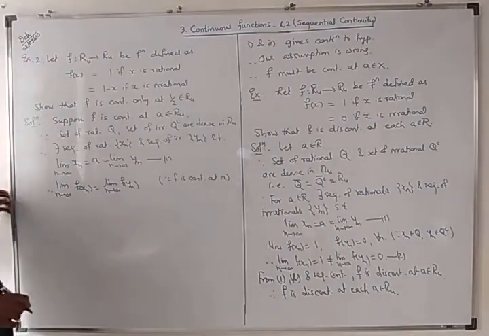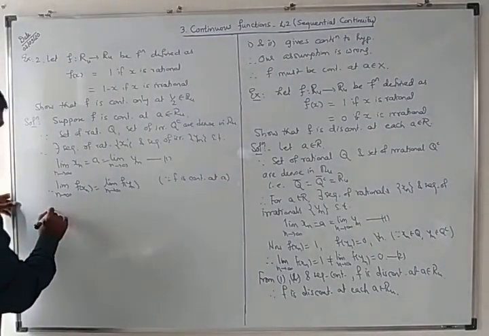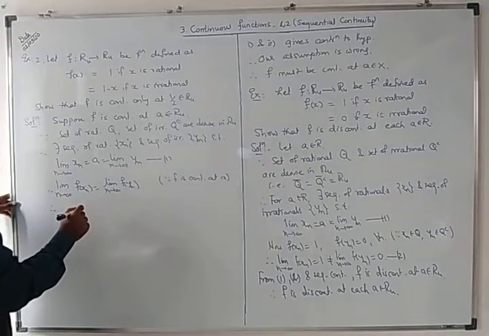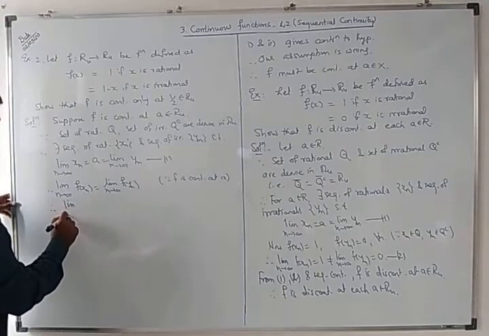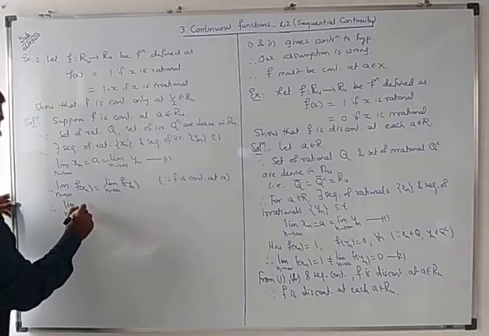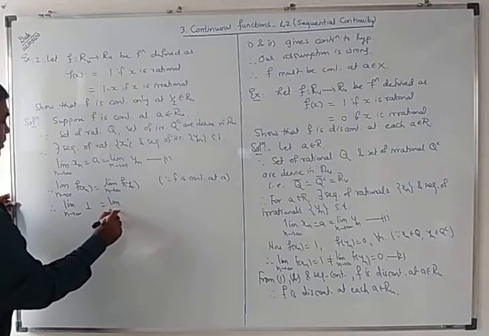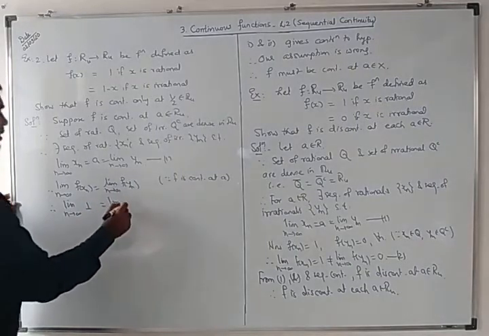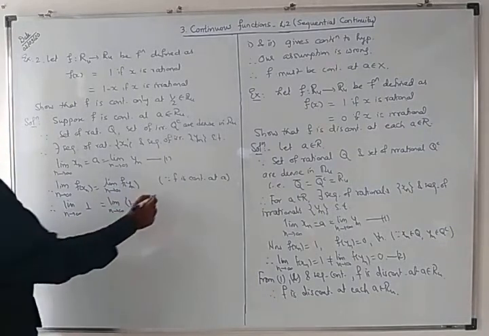By using sequential continuity we will get this. But what is the image f of xn? The xn's are rational numbers, so we get limit of f of xn is just 1, and here we get limit of f of yn is nothing but 1 minus yn by the definition of f.